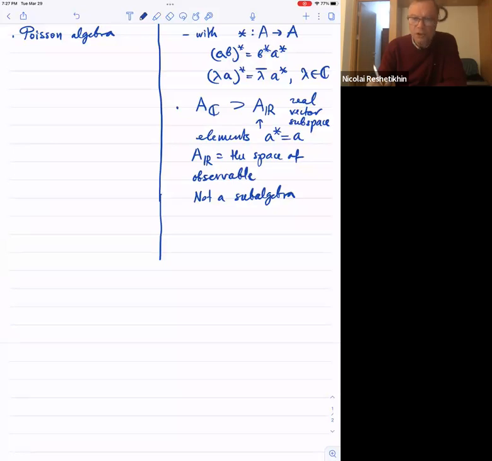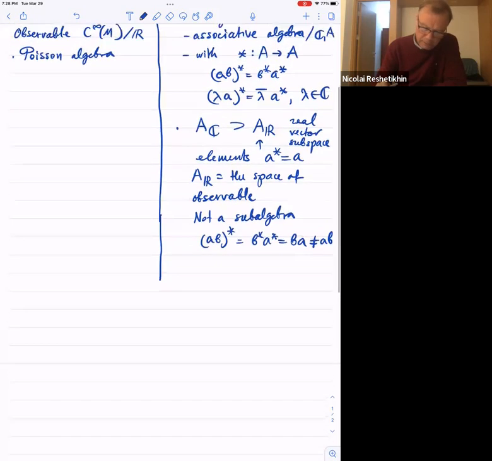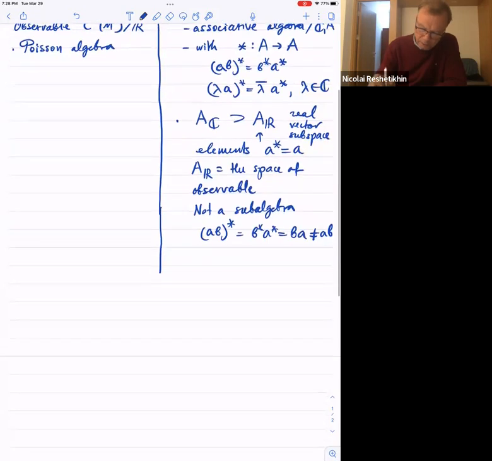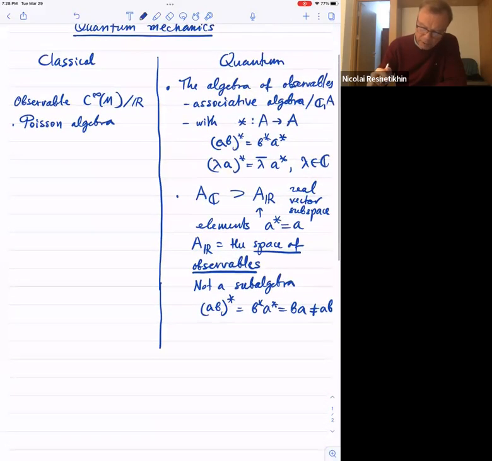Because if you have two Hermitian operators and you take the product, it will be B* A*, and it will be BA. It's not equal to AB. So we have the space of observables, that's a real vector space, and the algebra of observables.